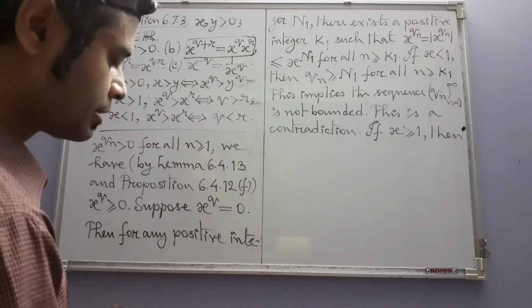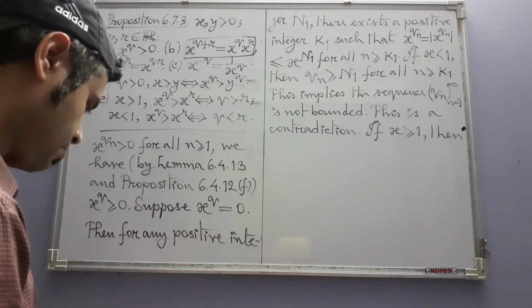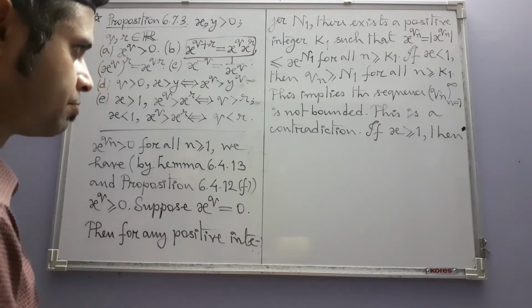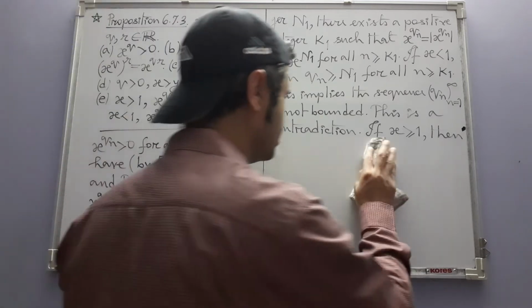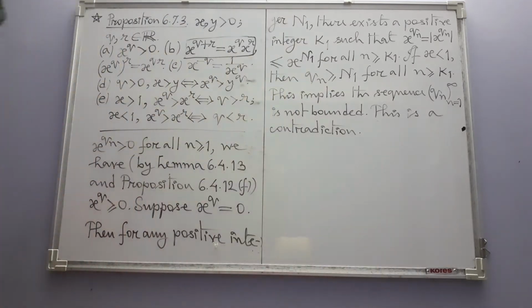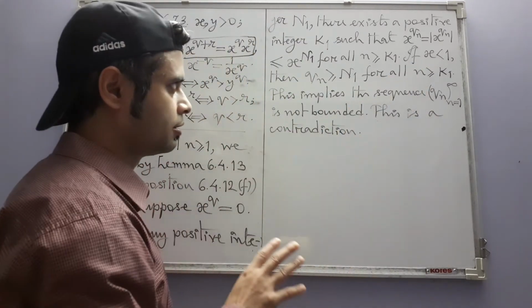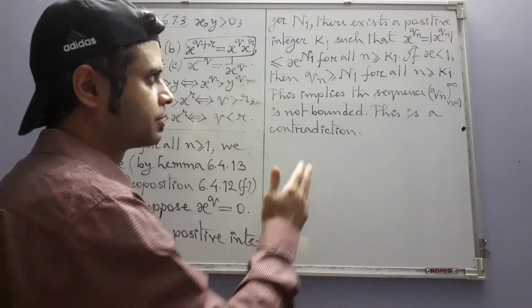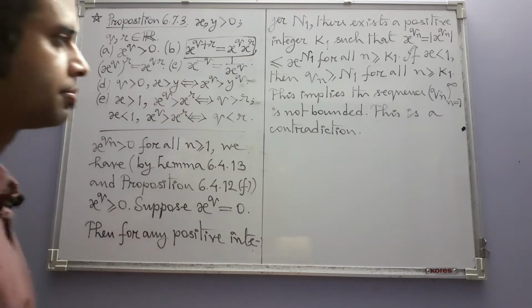I mean, we will consider something else. So we will not start the line like this. So because of this contradiction, all we can now say is that x cannot be less than 1.